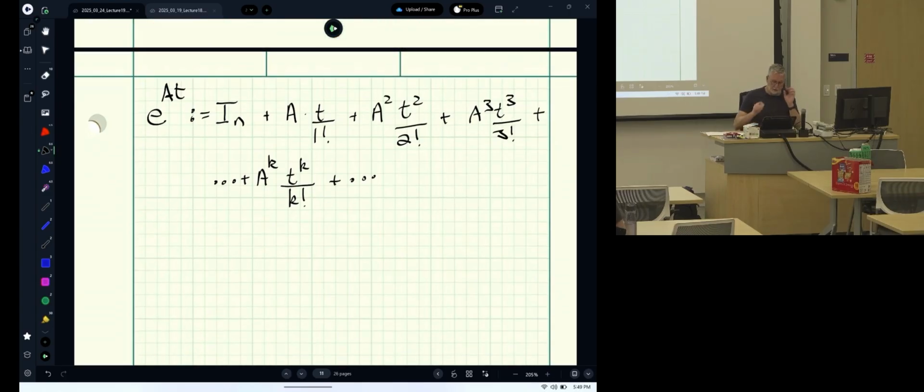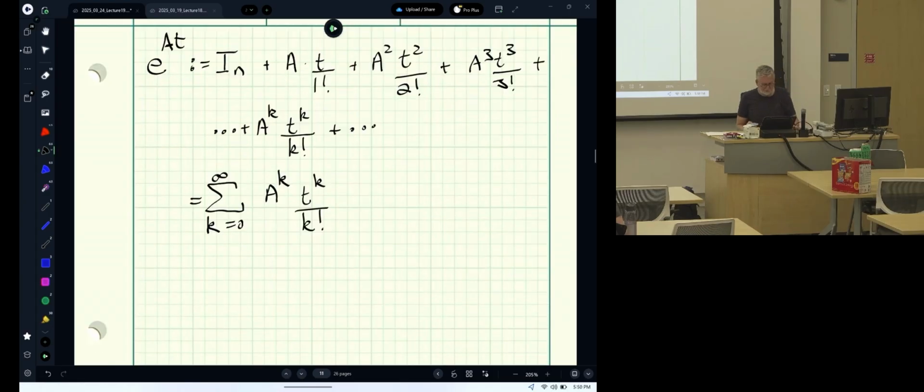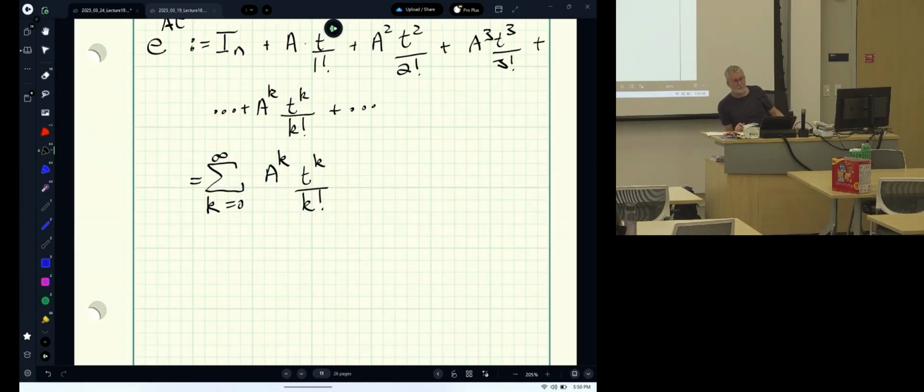So we just take the Taylor series for the scalar exponential. In every place we had a little a, we put a big A where it's an n by n matrix. So this is the sum, k equals 0 to infinity, A to the k, t to the k over k factorial. So that looks super daunting. It looks terrifying, okay?